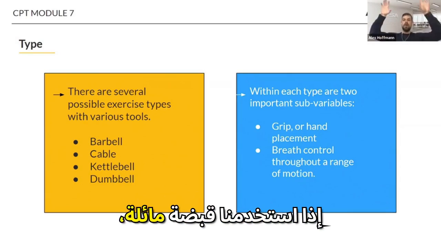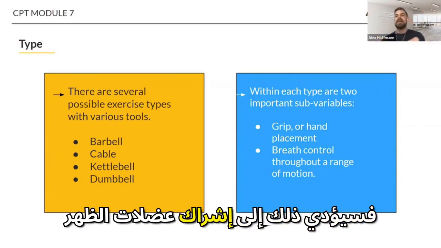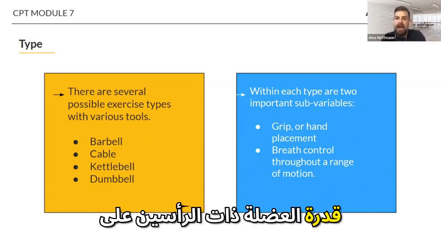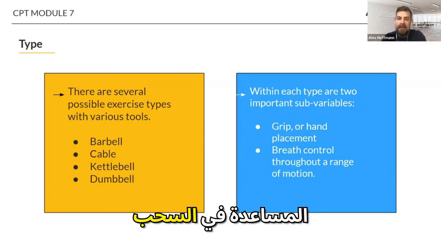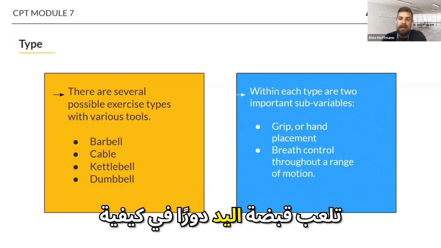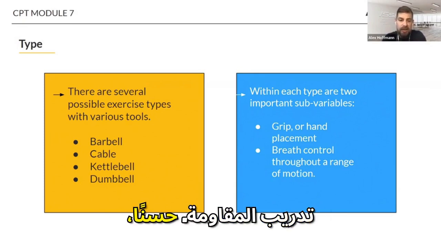If we use a pronated grip and we place our hands a little bit wider on the bar, that's going to engage our lats a little bit more, and it's going to reduce the amount that our biceps will be able to assist with the pull on that exercise. So hand grip plays a role in how our muscle gets stimulated during our resistance training sessions.